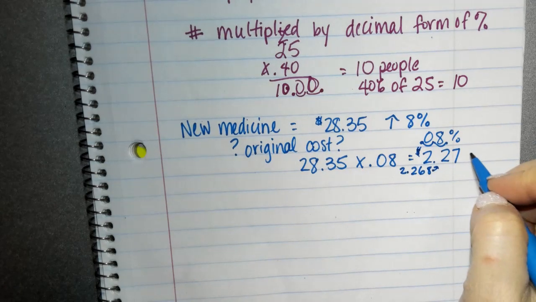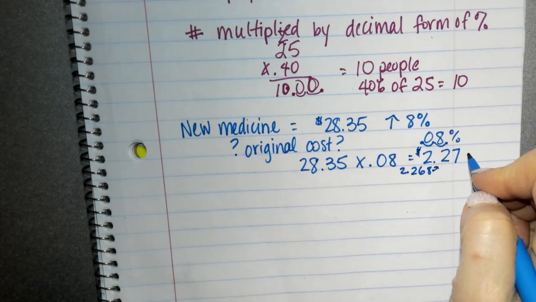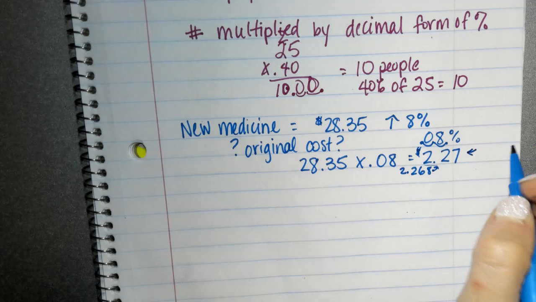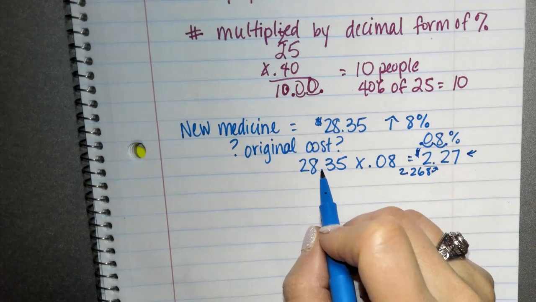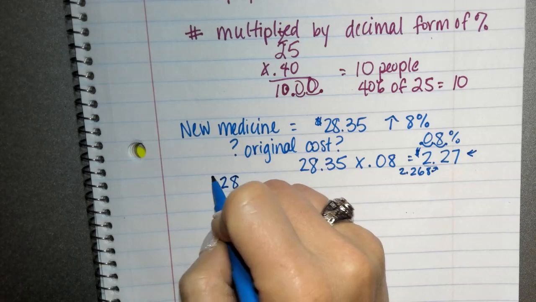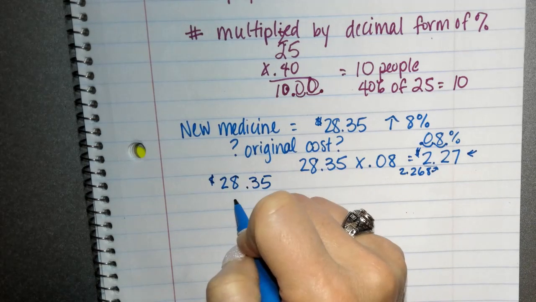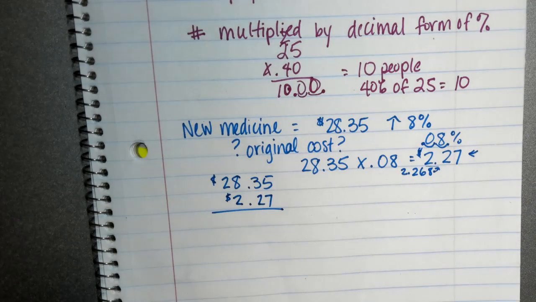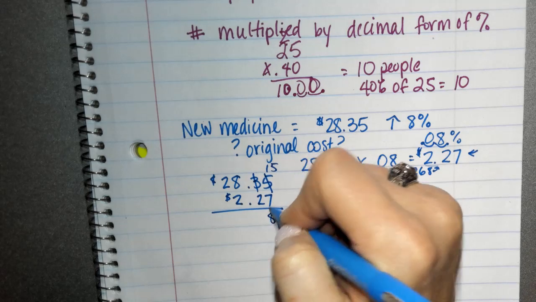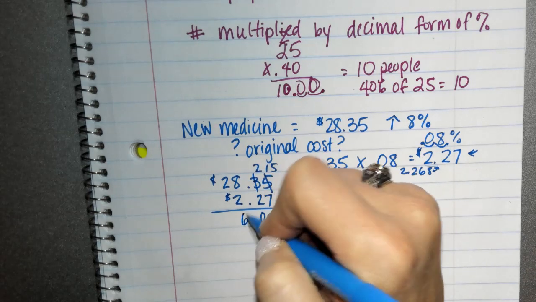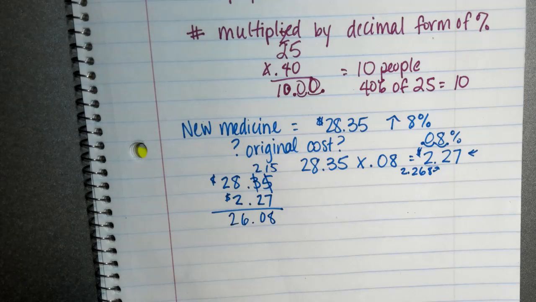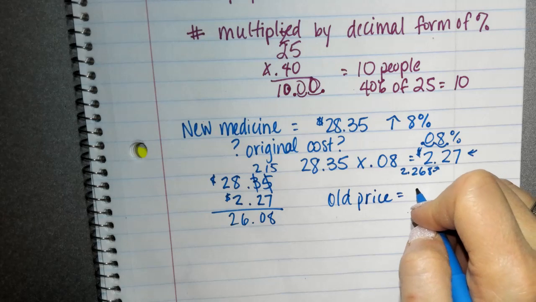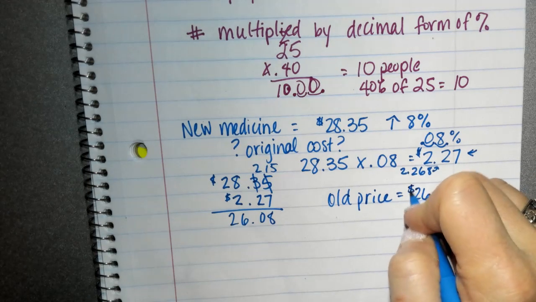So that's the increase, that's the amount that it increased. So to find the original amount, we have to subtract this amount from this new cost. So we have $28.35, and we're going to subtract $2.27. When we do that, we figure out that the old price before the 8% increase is $26.08. Okay?